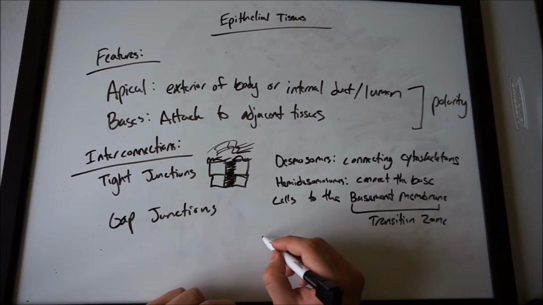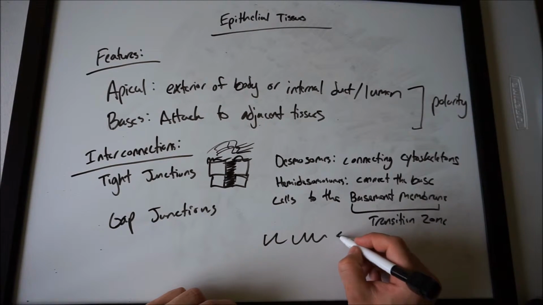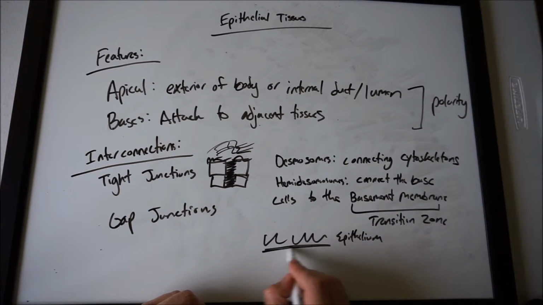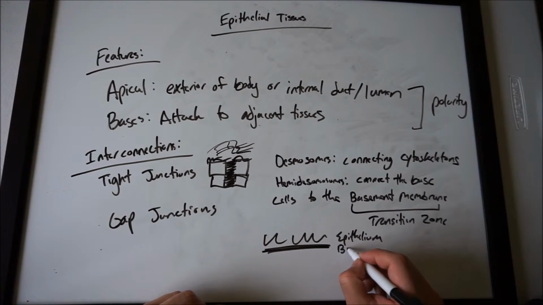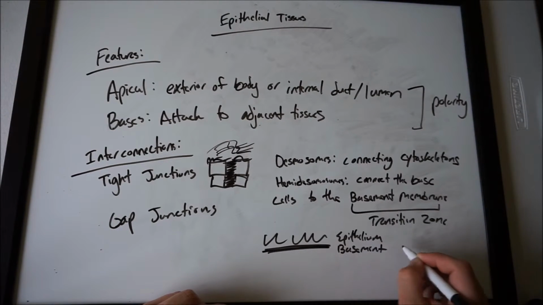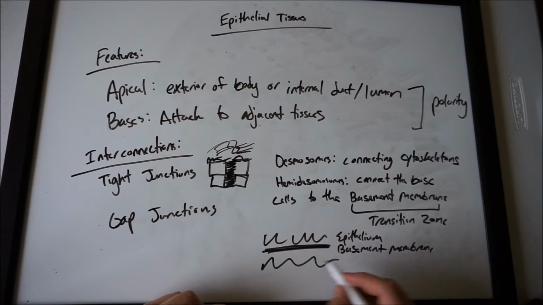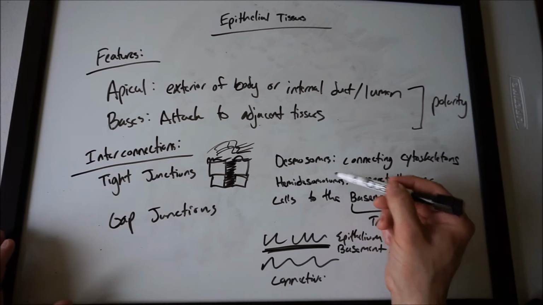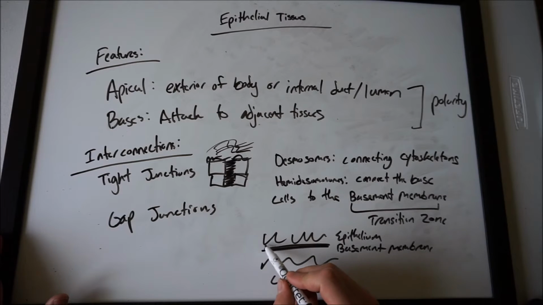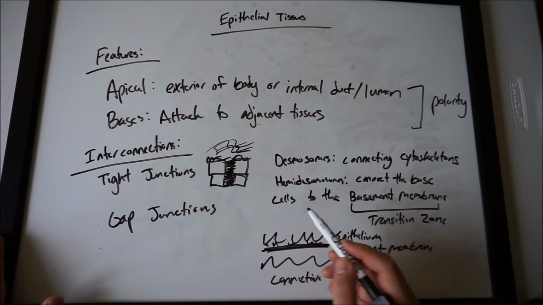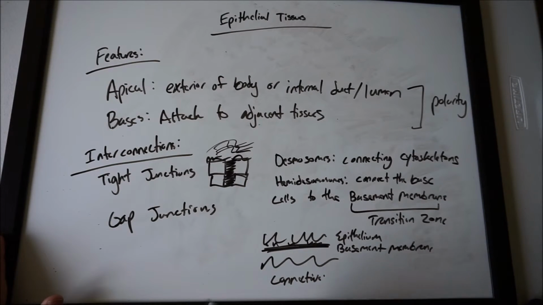So say we'll have an epithelium here. That's the basement membrane. And then you might have connective tissue here. What hemidesmosomes do is they connect these bottom epithelial cells to this basement membrane, so they can't just be pulled up and separated. But like I said, it's a non-cellular structure.